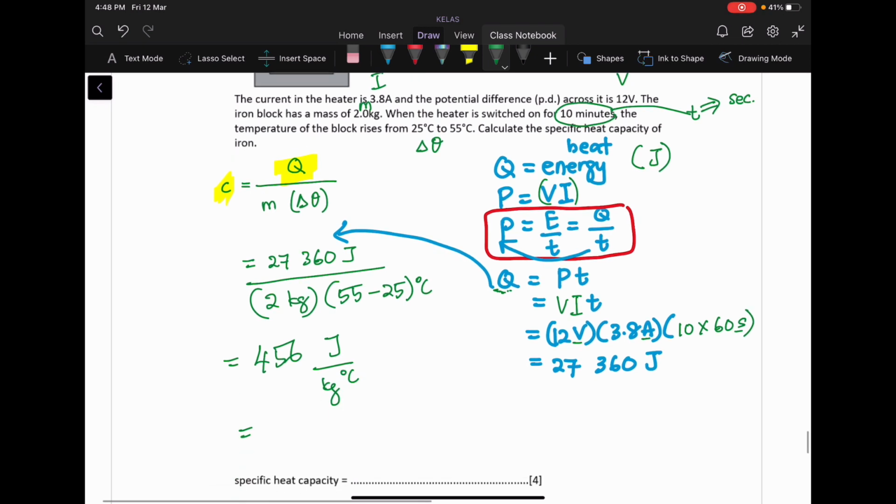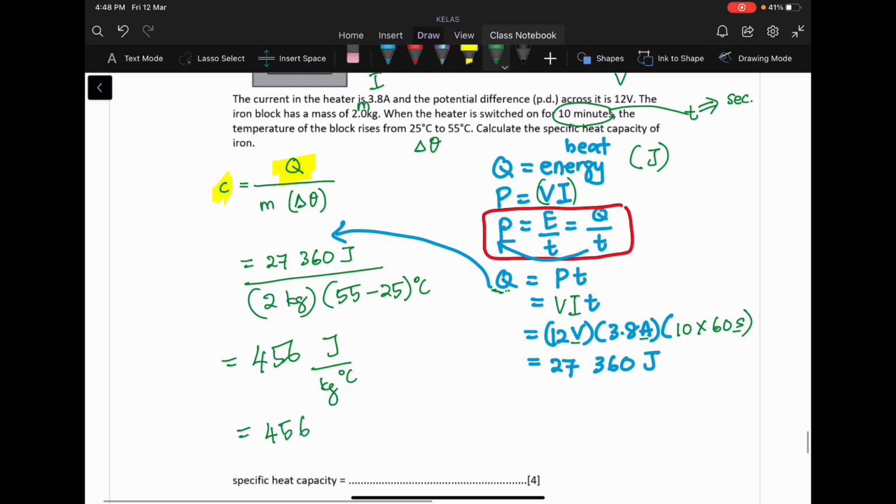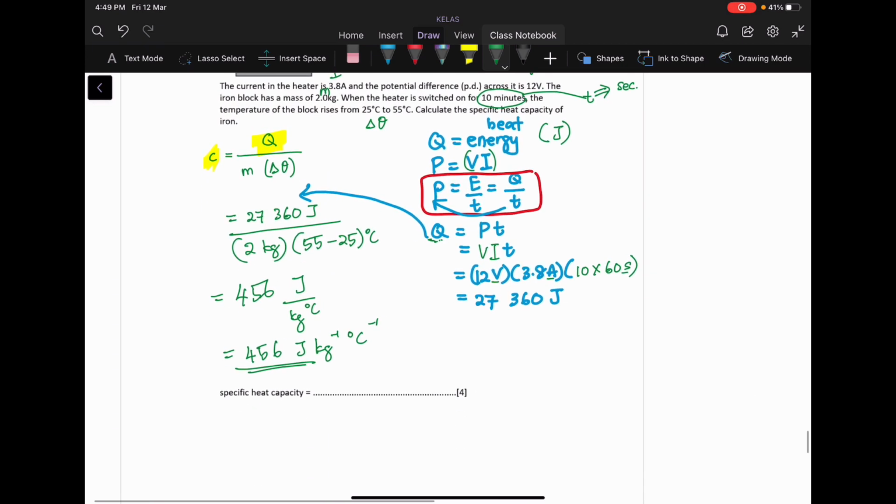But usually we don't write it like that. We write it like this: J/kg/°C. So that's the answer. Usually in IGCSE we can round this off. If you look at the answer schemes or maybe there are options of answers, don't be surprised.